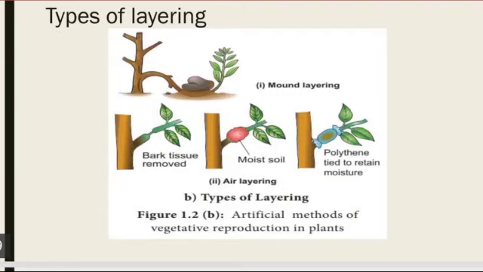And in air layering, we are taking a desirable branch and we will be removing the bark from the stem piece. We are taking a handful of moist soil and pasting that moist soil on that part where we have removed the bark of the plant.